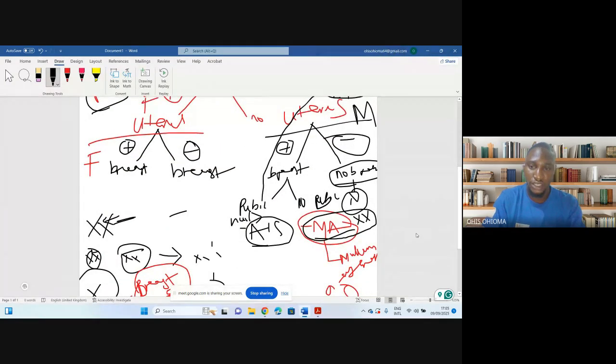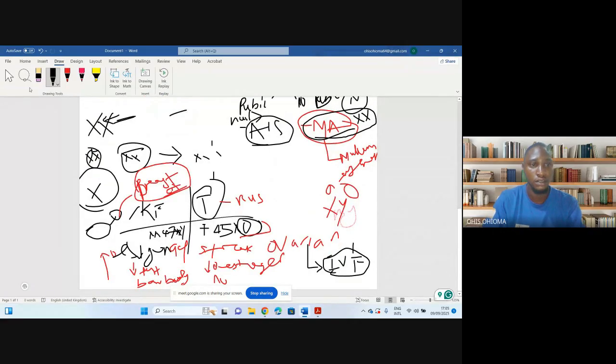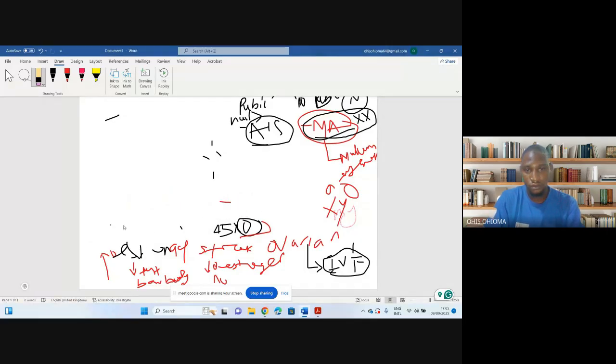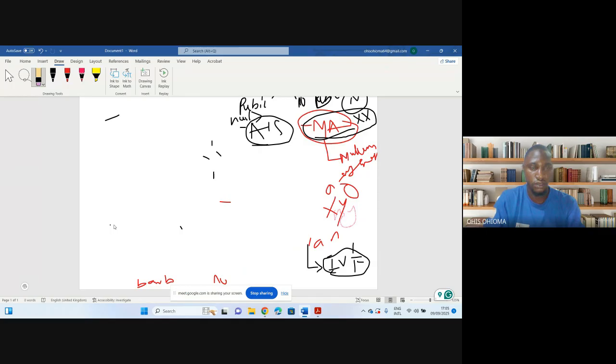So what I just want you guys to remember from this, let me just do this so that you can remember it. Genetically, we can put it like this. Let me label this Mullerian agenesis.